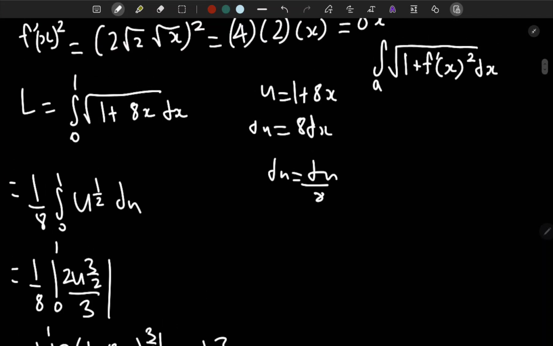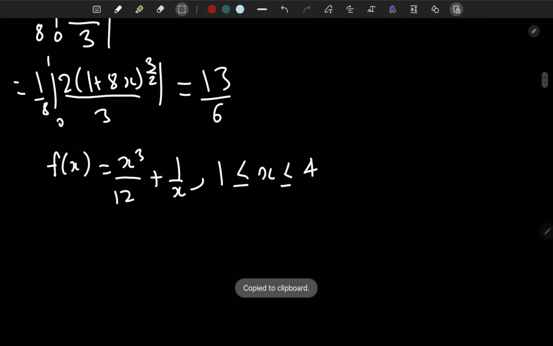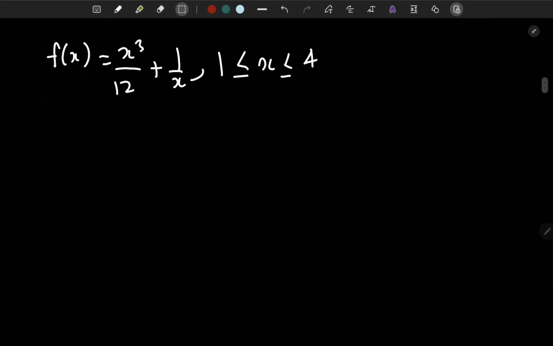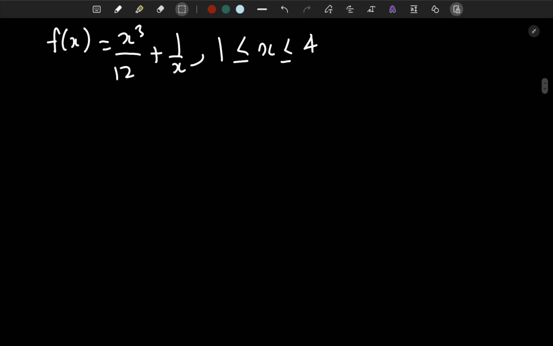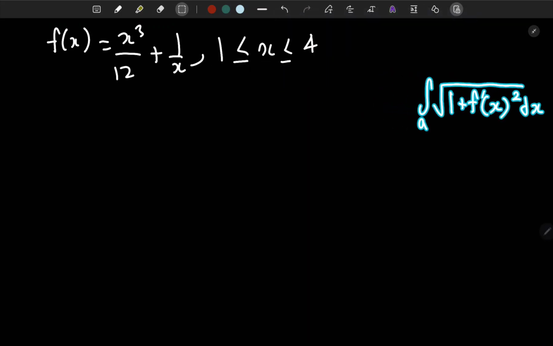Let me just copy it, because you might make a silly mistake from not following the formula or missing something. So I like to paste it next to the question we are doing. Here we need to find f prime, and then we simply use the formula.